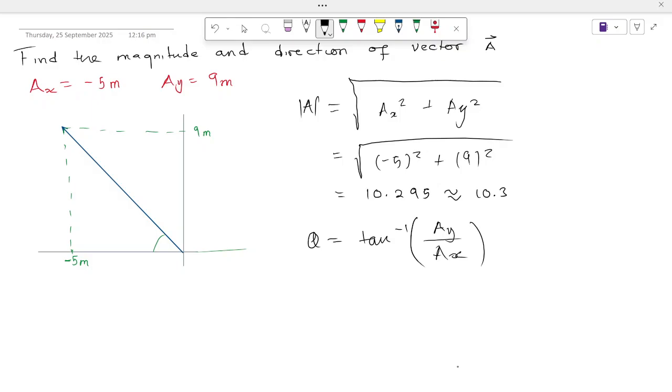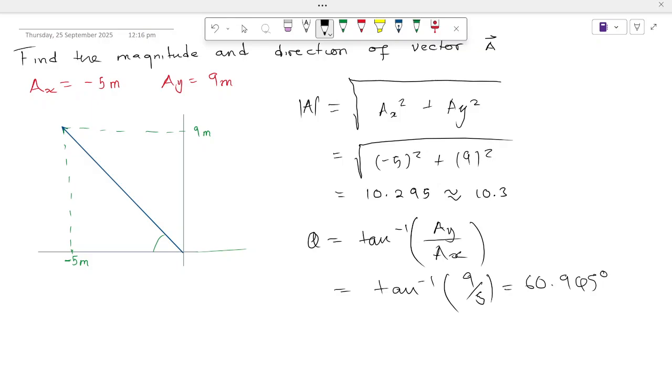We're not adding in the negative. So this is giving us tan inverse of 9 over 5, which will give us 60.945 as our theta.